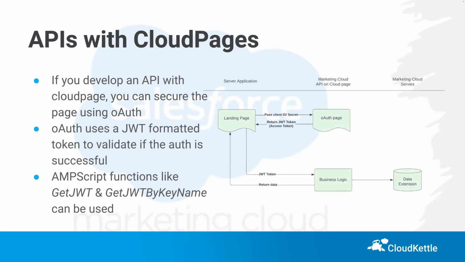Generally, the way an OAuth token works is you'd have an OAuth page that would generate this auth token that would be valid for a certain amount of time, and then your third-party application or server application would receive it and use it to access any other API pages that you have created in Marketing Cloud.